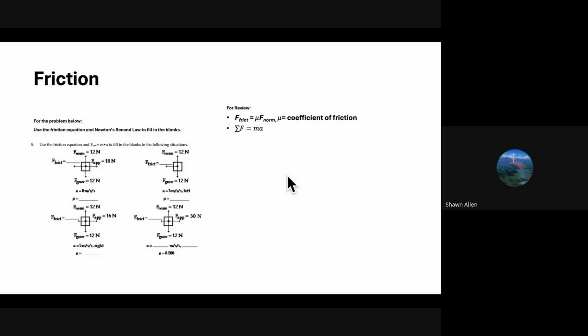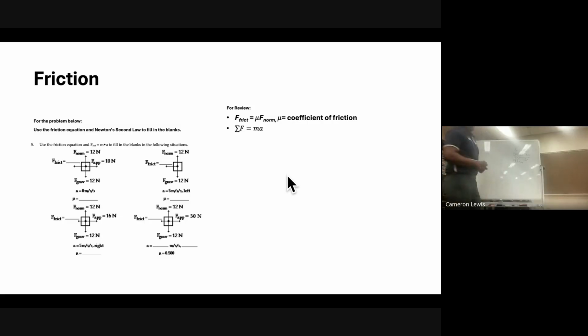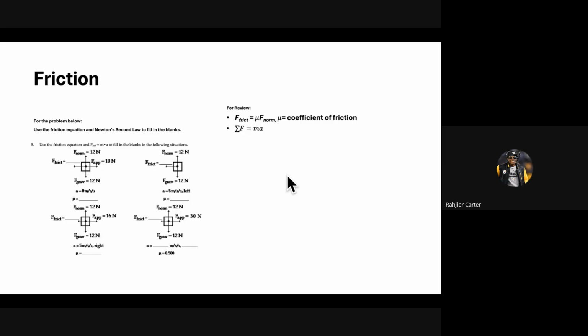You divide what by 12? 10 divided by 12. A good way I like to think about it is if you have 10 is equal to x times 12, and you need to get x by itself, what do you do?